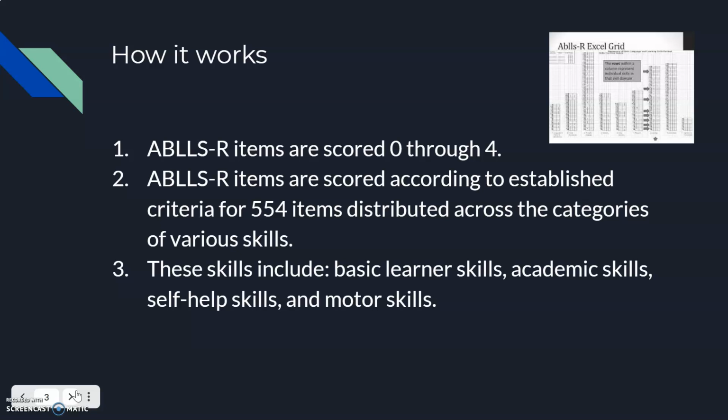These items are scored according to established criteria for 554 items that are distributed across the categories of various skills. These skills include basic learner skills, academic skills, self-help skills, and motor skills, both fine and gross, which we will discuss in the later slides.